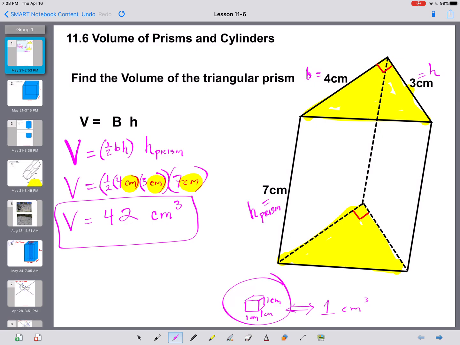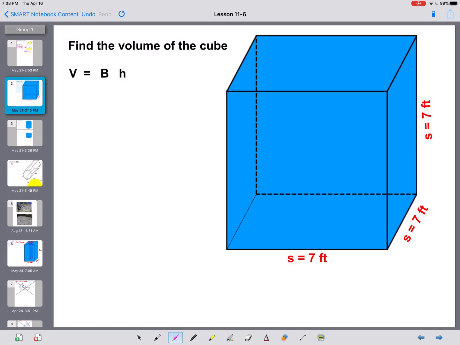Let's go to this next problem. Here we've got a big cube. A cube is a prism. Well, let's use our formula. What is a cube? A cube is a rectangular prism where every edge is exactly the same.